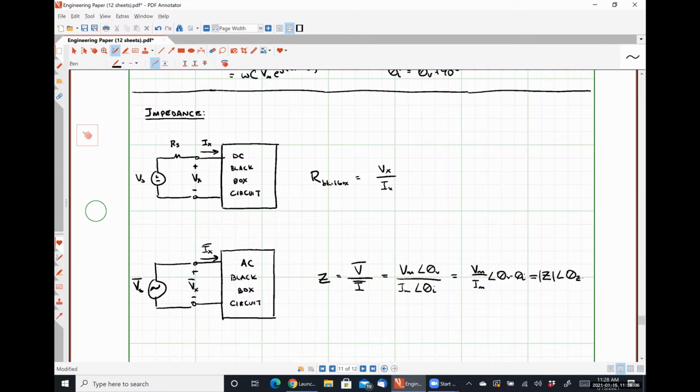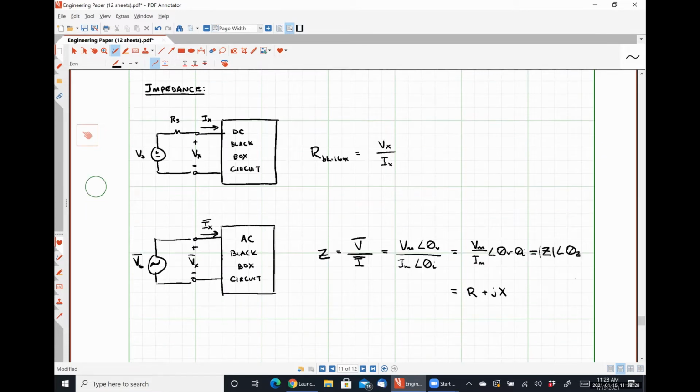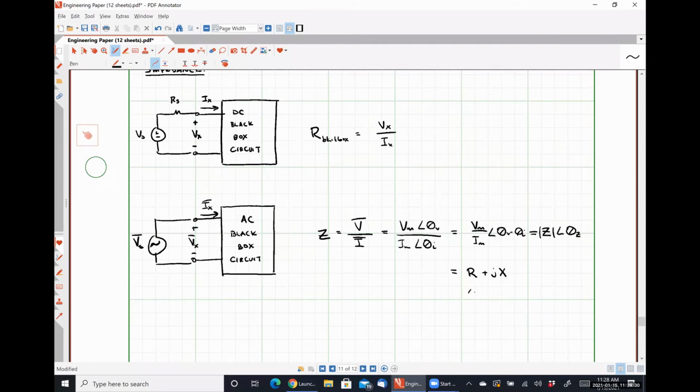In rectangular form, this relationship can be expressed as R plus jX, where R is the real part of Z and is known as the resistance.